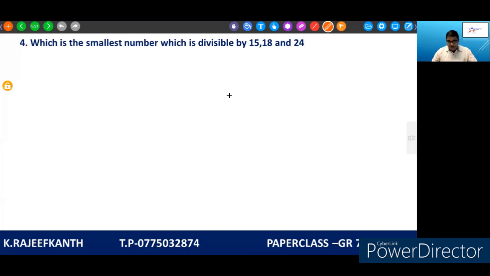So we have to find the LCM, because here the question is which is the smallest number, least value. Smallest number which is divisible by 15, 18 and 24.